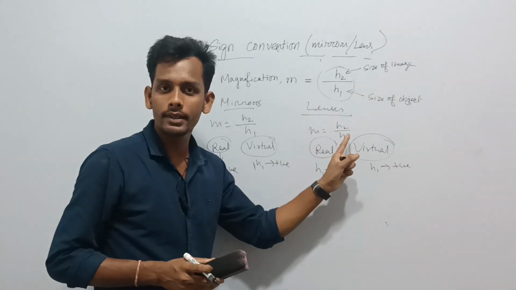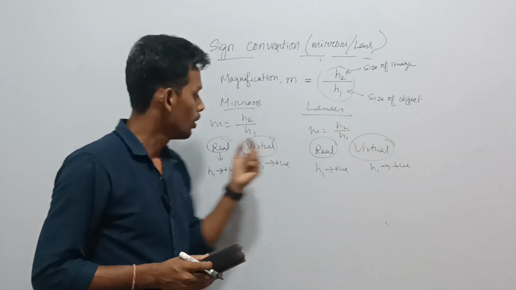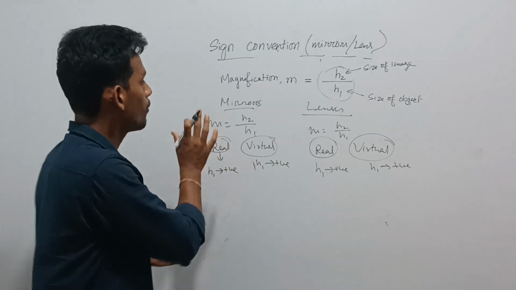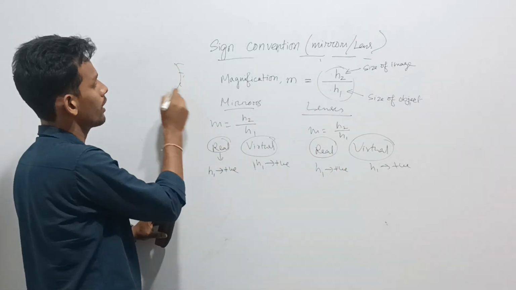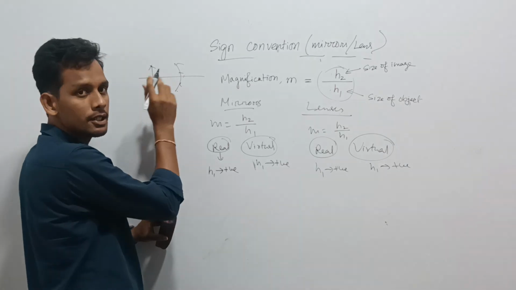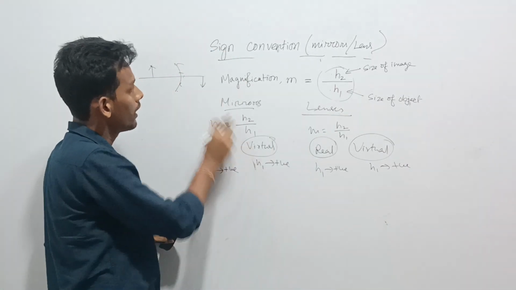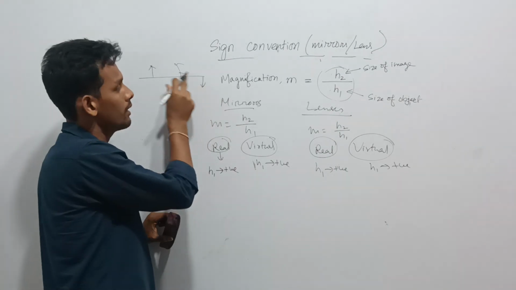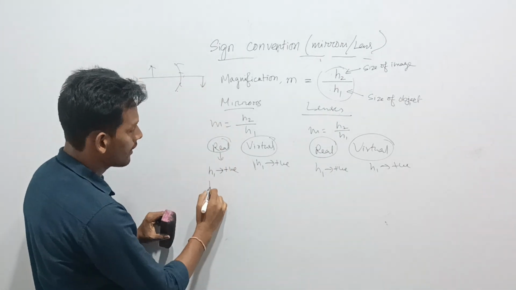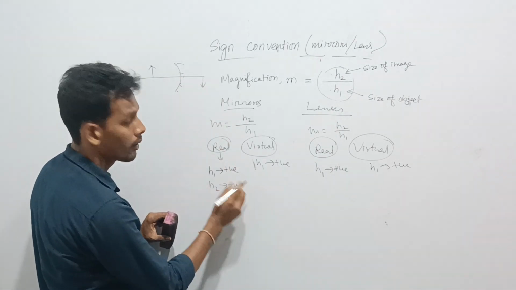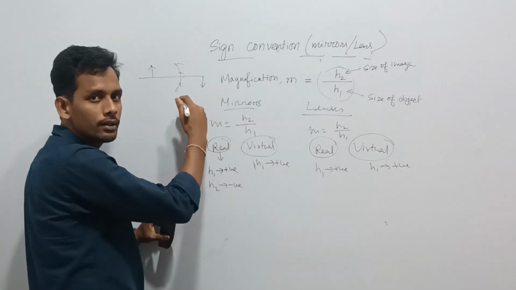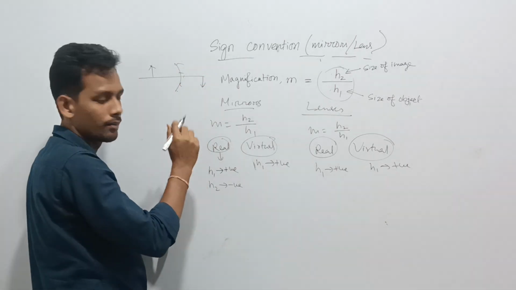Now you have to observe h2. h2 is the image size, that is, the height of the image. For a mirror, suppose this is a concave mirror. If a real image is formed, it is always below the principal axis. If it is below the principal axis, then h2 is negative because the direction is downward.